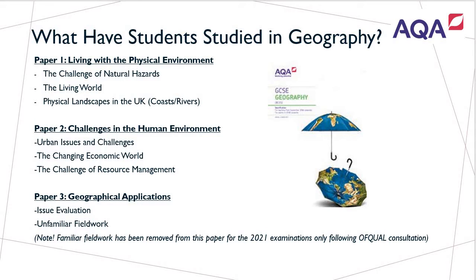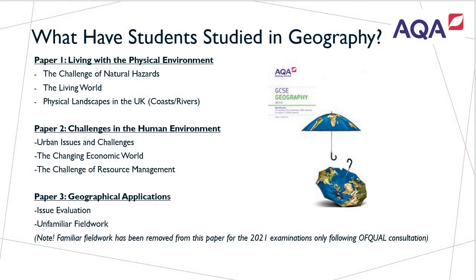This year, as I've said, Ofqual have had and led a consultation on this. So one section has been removed from this particular exam. So usually students will complete a third section on their own personal fieldwork that they have been out and collected and completed as a group. Due to the national restrictions that are in place, and understandably, this part of the specification has been removed for the 2021 exams only.